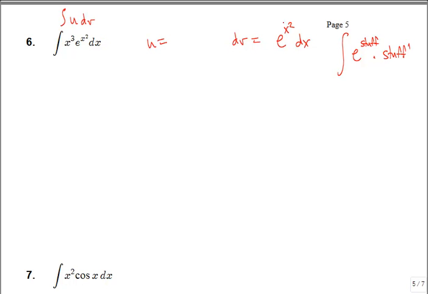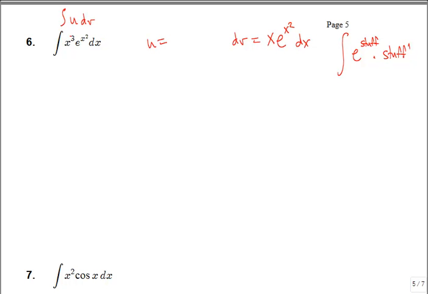And the derivative of this stuff, the derivative of x squared, is a 2x, which I don't have in here. So the only way to make this work would be if I had an x in here as well, and then we can adjust by some constants so that we get the correct stuff prime. So in order to let your dv include the e to the x squared, you're also going to need to include one of the x's so that you have the correct stuff prime.